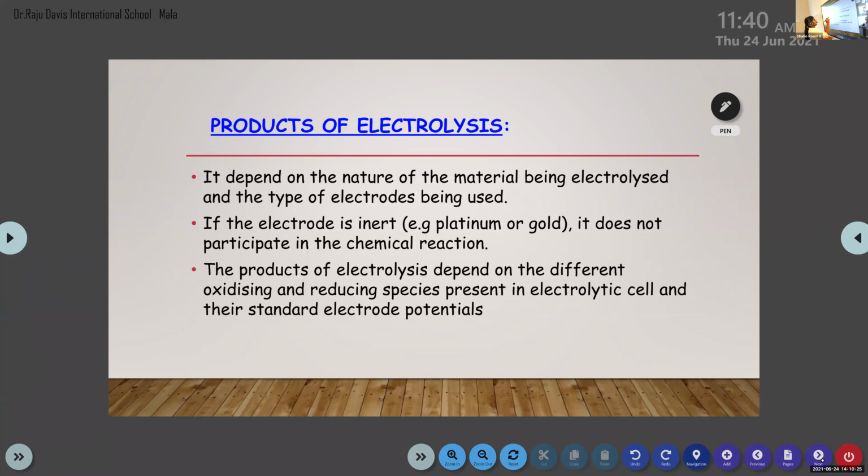It mainly depends on the nature of the material being electrolyzed and the type of electrodes being used.